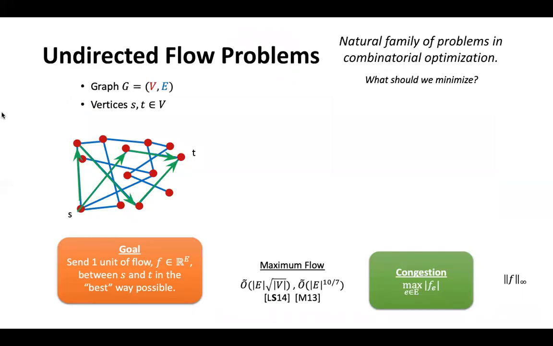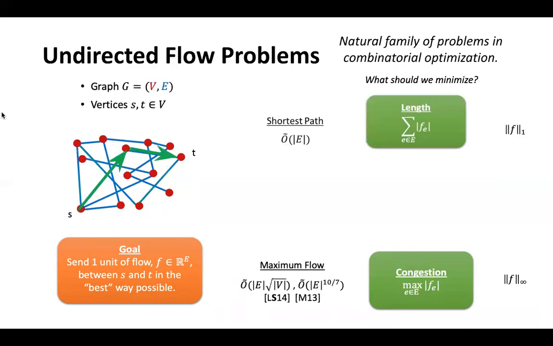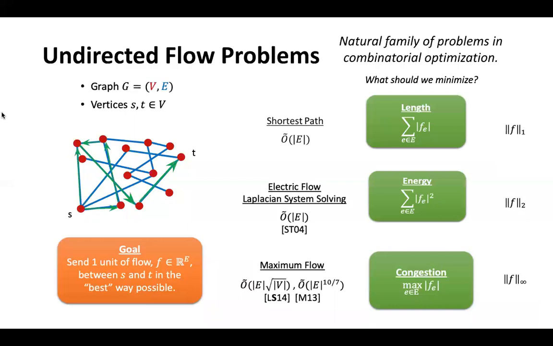You can think of this as scaling the graph up and down, so that routing one unit from S to T while minimizing the largest capacity is equivalent to sending as much as I can from S to T while maintaining all capacities. Minimizing the one norm is just an S-T shortest path, and the two norm corresponds to an electric flow or Laplacian system solving, which can be done in nearly linear time by seminal results of Spielman and Teng.